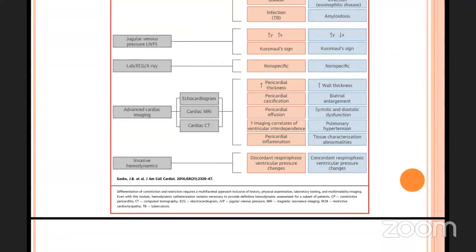So one more question. Which is the most sensitive test for the pericardial thickness? Should we go for CT or MRI? Actually, in the setting of a minimal pericardial effusion, which sometimes is there, CT cannot differentiate it unless you give contrast. Whereas in MRI, it is easier to make out the pericardial thickness.